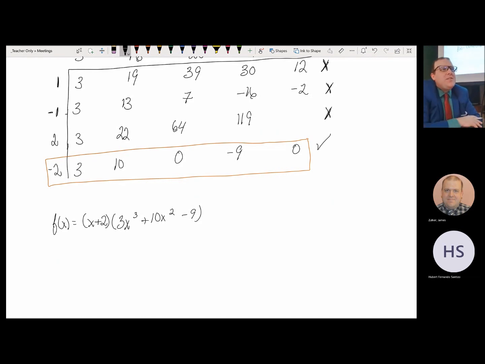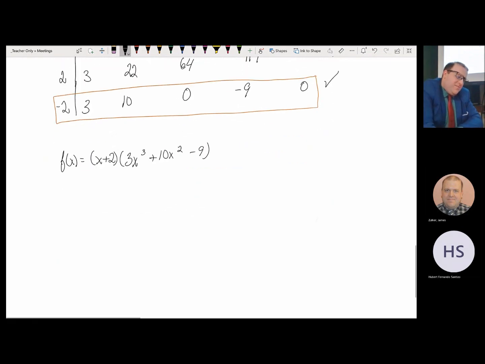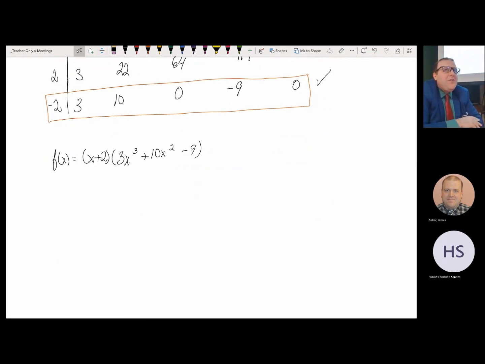That's a cubic, which means we have to keep going. I'm going to check the rational zeros again. What are the possible rational zeros of 3x cubed plus 10x squared minus 9?